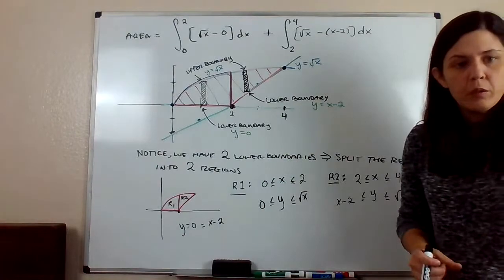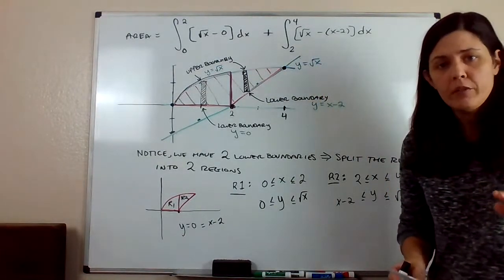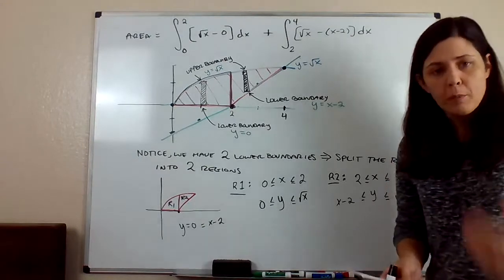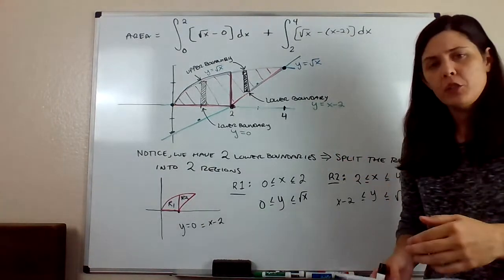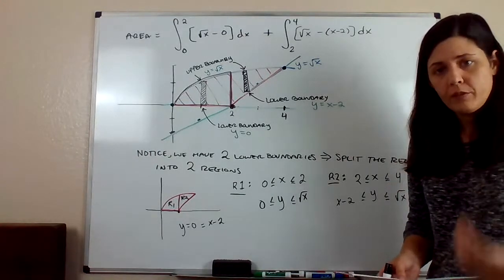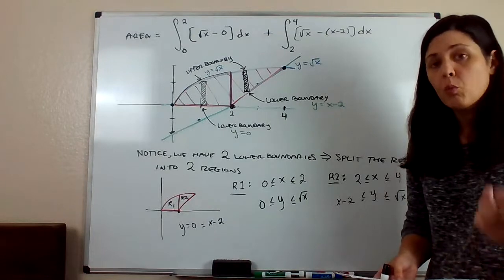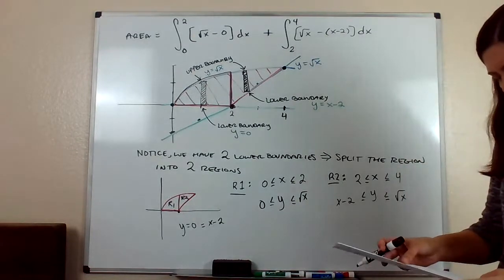But instead of calculating this, you can calculate this to verify. I'm going to show you that you have another option here. So all of this is one way to do it, but if you find that you have to split your region into two parts, you can try doing it differently. You can try doing it with respect to y instead and see if it makes it easier. And in this case, we're actually going to do that.